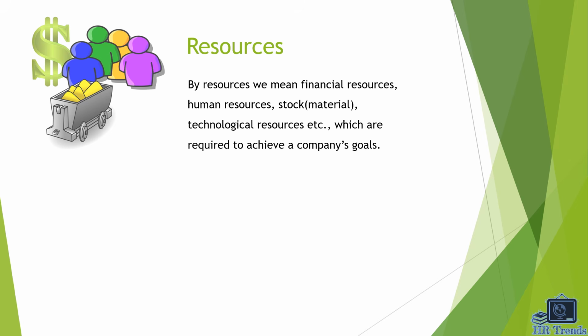Resources mean that a company needs different resources, such as financial resources, for example, cash, technological resources, for example, plant and machinery. Stock means such as raw material or stock for finished products, and human resources means employees to manage its business operations and to achieve its goals.